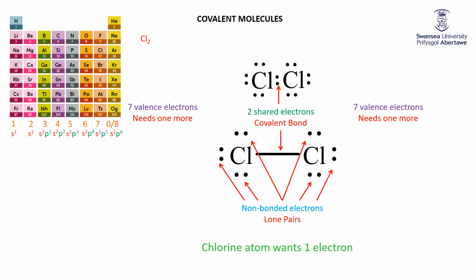Chlorine atom wanted 1 electron. It could do it by getting that electron from a metal to make an anion, or it can do it by making 1 covalent bond, taking 1 of its electrons, sharing that electron with another atom, which in return shares 1 of its electrons with the chlorine atom.